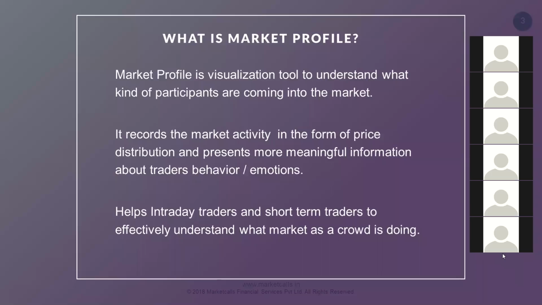The problem with most traders is that if you go back and check most of the trades, and I'm not pointing out anyone, but as a trader as a whole, most traders are small traders. They trade 1 lot, 2 lots, 3 lots, 4 lots, 5 lots. But if you go back and check your trading activity, when you are placing your trades, you can find a certain behavior there.